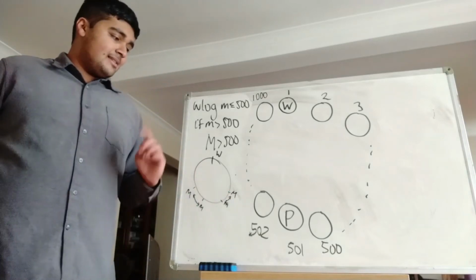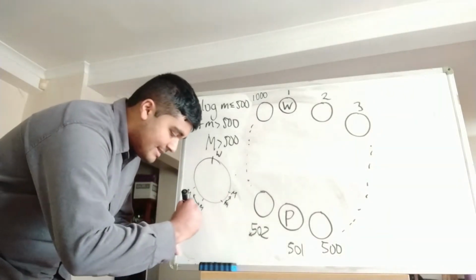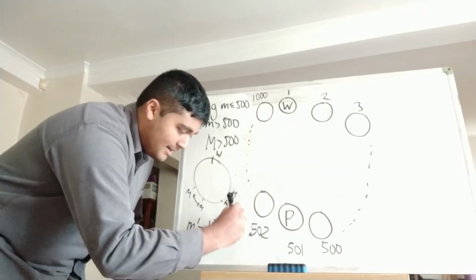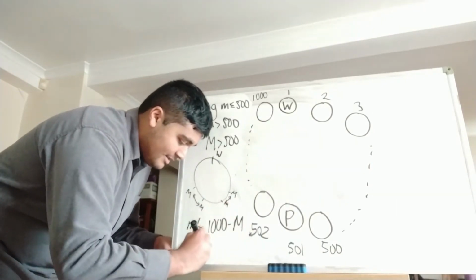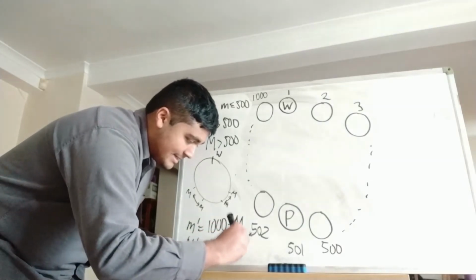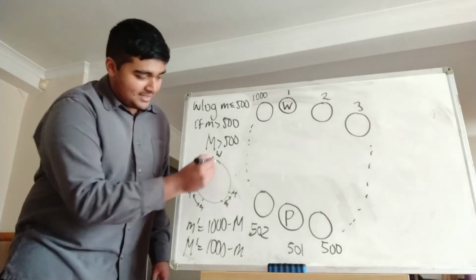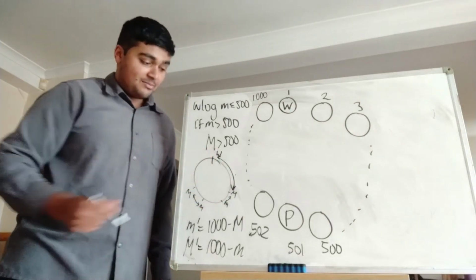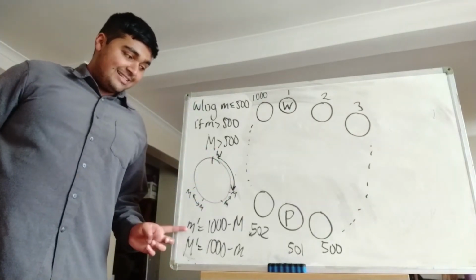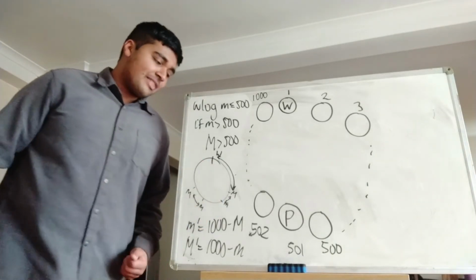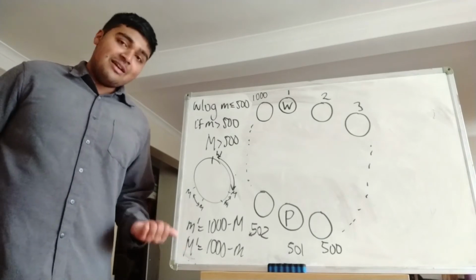But then this is identical to saying, if we let little m prime now equal 1000 minus capital M, and capital M prime equal 1000 minus little m. Notice this distance here is 1000 minus capital M, which I claim is our new little m, or little m prime, and this distance here is 1000 minus little m, which is our new capital M prime.